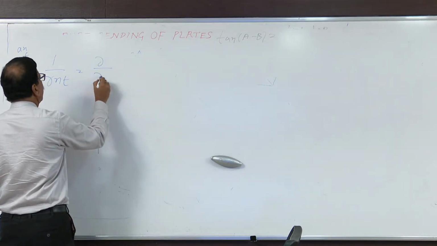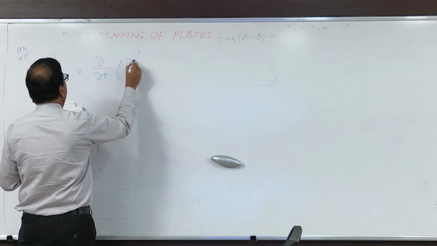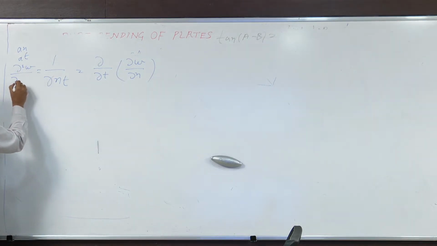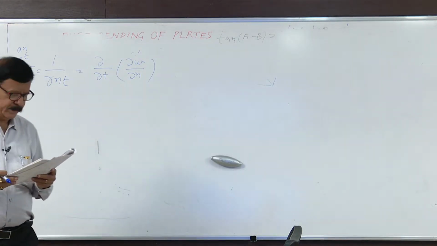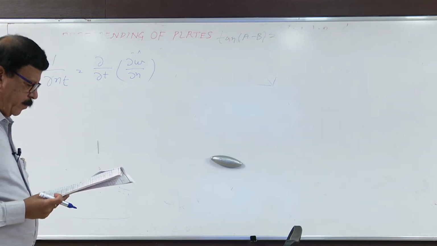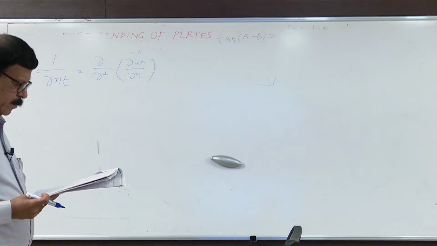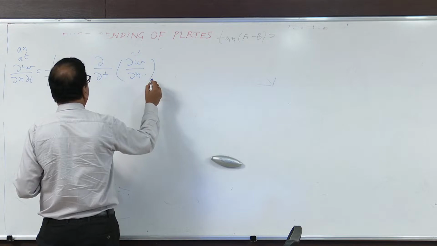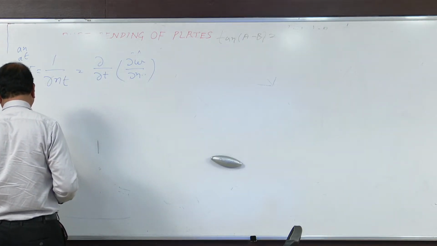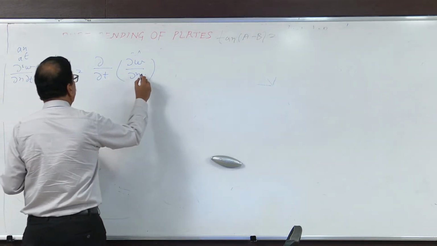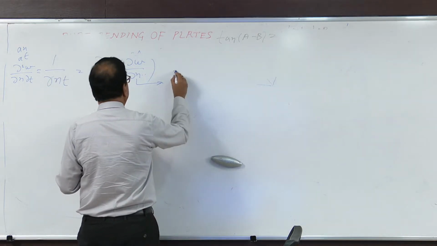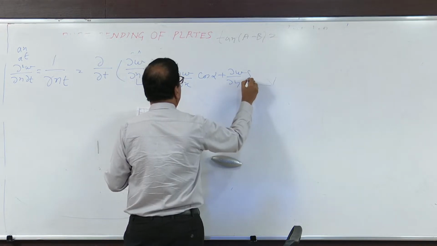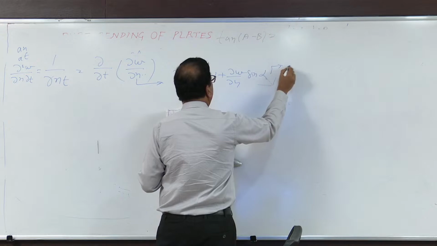You can write this as ∂/∂t of ∂w/∂n, means ∂²w divided by ∂n∂t, like this. ∂w/∂n you have from equation A. Yes, sir. क्या है? From A.